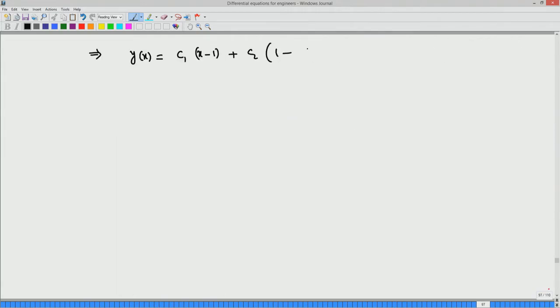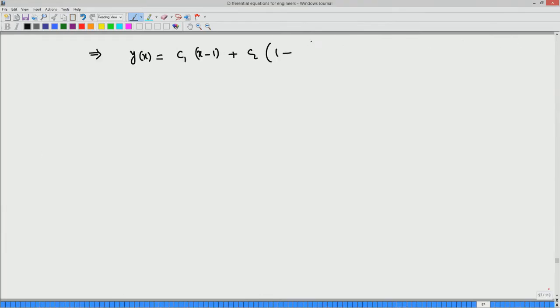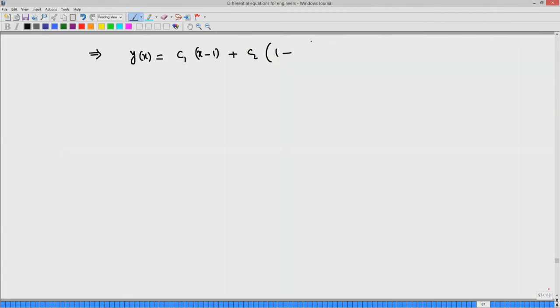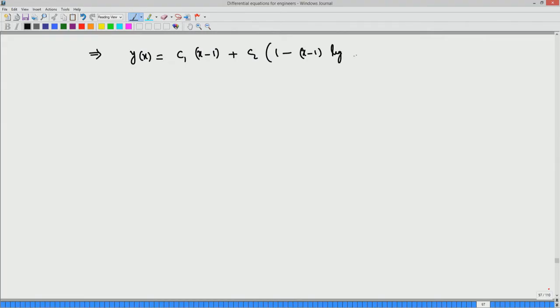C2 times 1 minus z, where z is x minus 1, times log of the square root of 1 minus z square, where z is x minus 1 square.